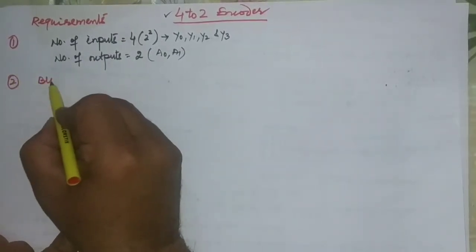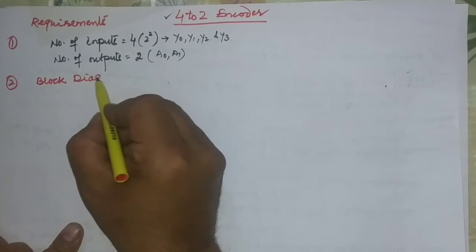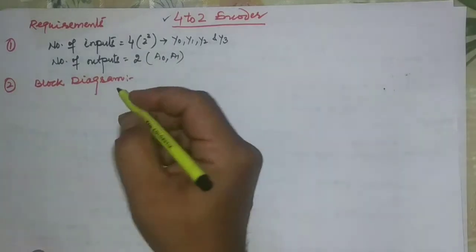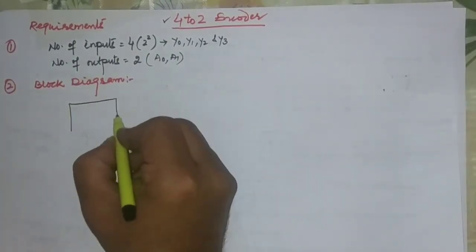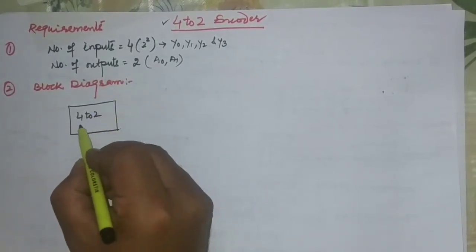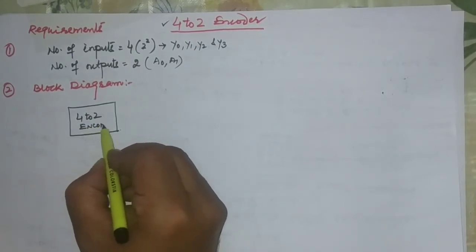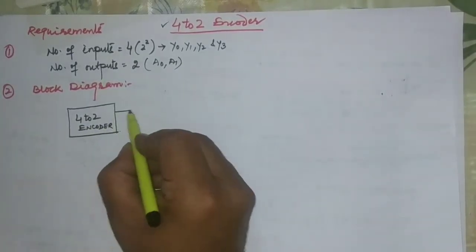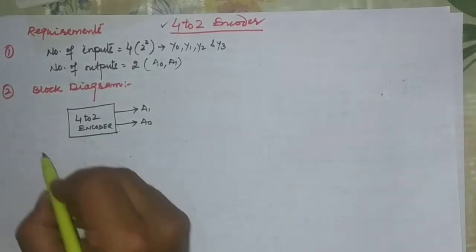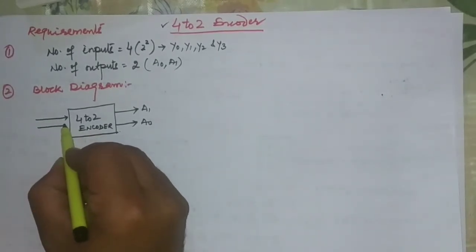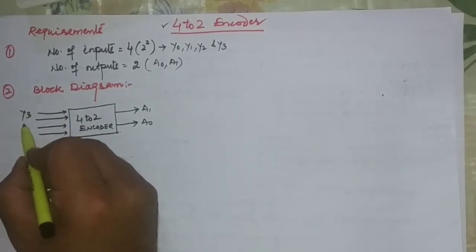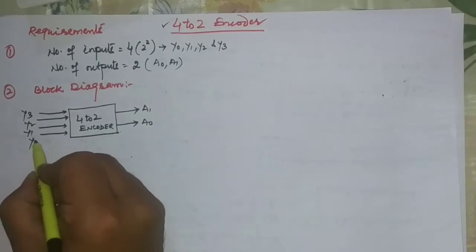The second thing is the block diagram. Say for example this is a 4 to 2 encoder, where we have 2 outputs, A1 and A0, and 4 inputs, which we name y3, y2, y1 and y0.